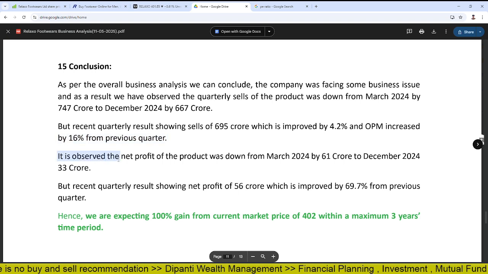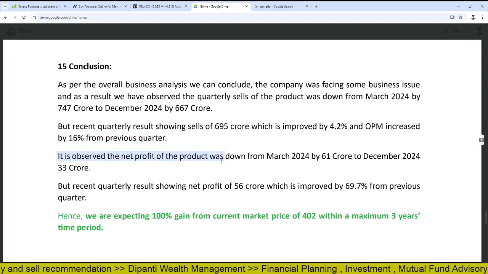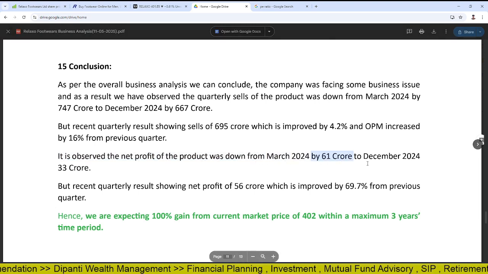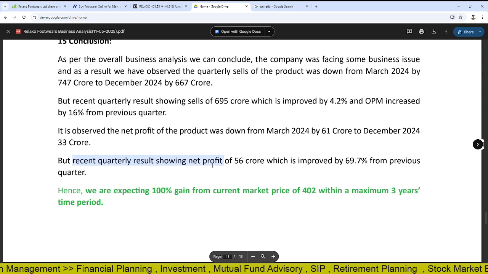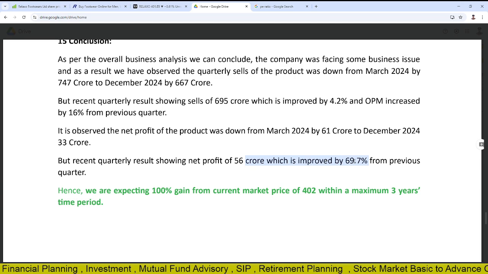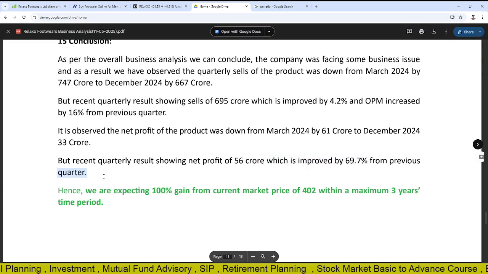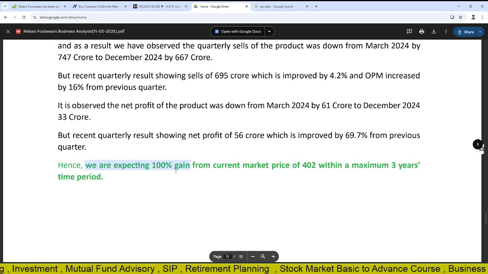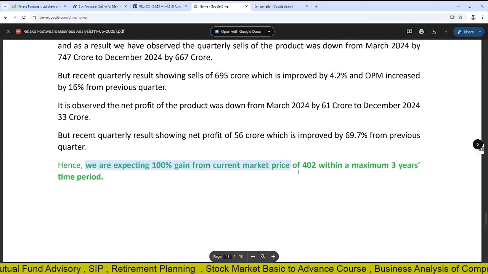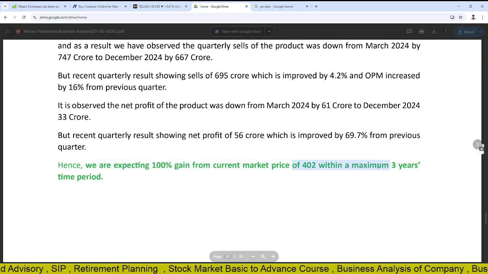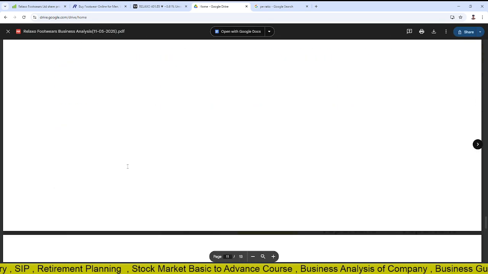It is also observed that net profit was down from March 2024 by 61 CR to December 2024 by 33 CR, but the recent quarterly result shows net profit of 56 CR, which is improved by 69.7% from the previous quarter. Hence we are expecting a 100% gain from the current market price of 402 within a maximum 3 years time period.